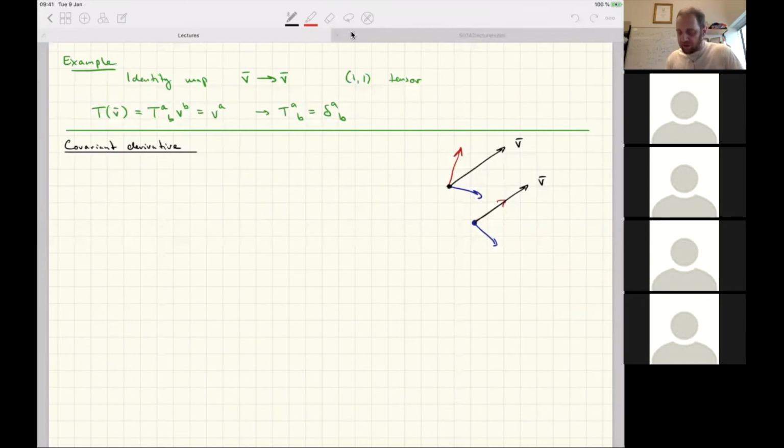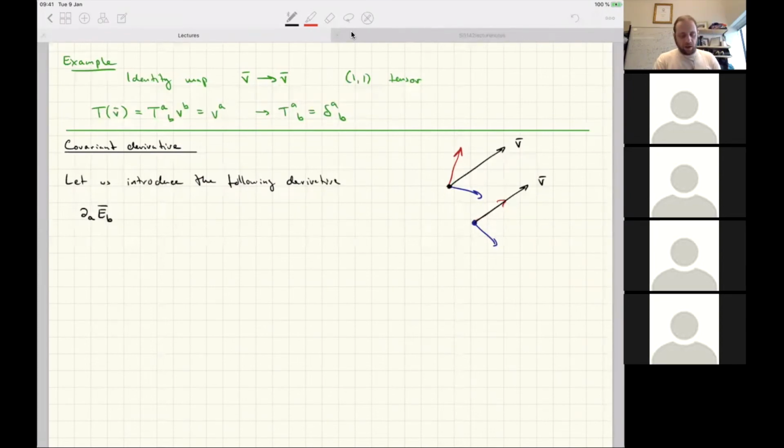So in order to describe this, we're going to introduce what is called the covariant derivative. That is going to essentially mean that we're also describing the change in the basis, just as we have drawn here. So let me introduce the following derivative. Let me look at the derivative in the A direction of the bth tangent vector.